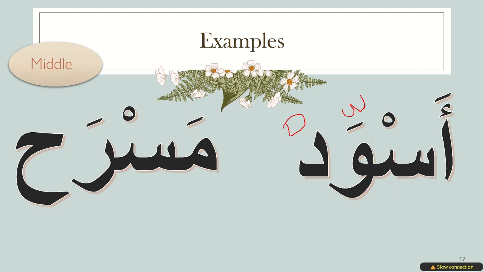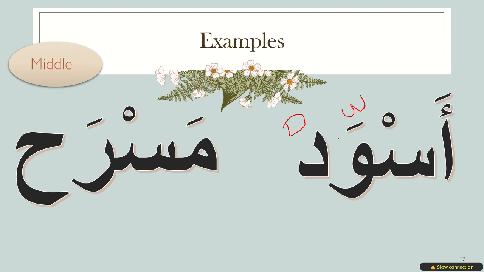Above Sin we have this little circle, Sukun. This little circle or Sukun means we will not use any vowels while pronouncing this letter. So we will pronounce Sin without any vowels.